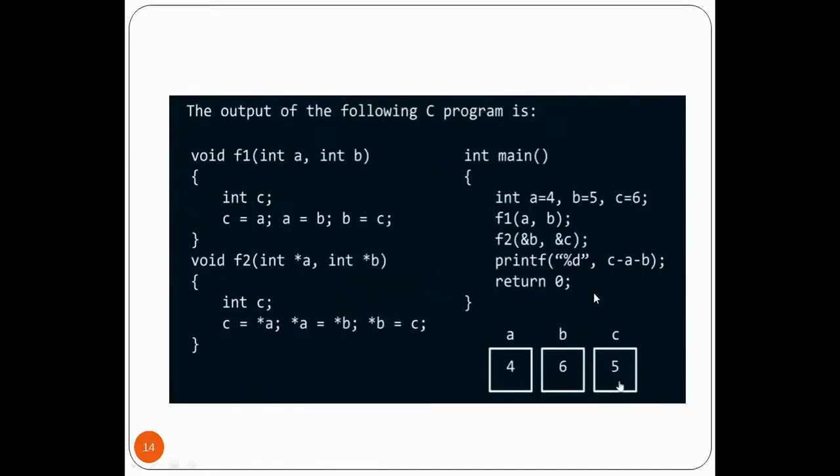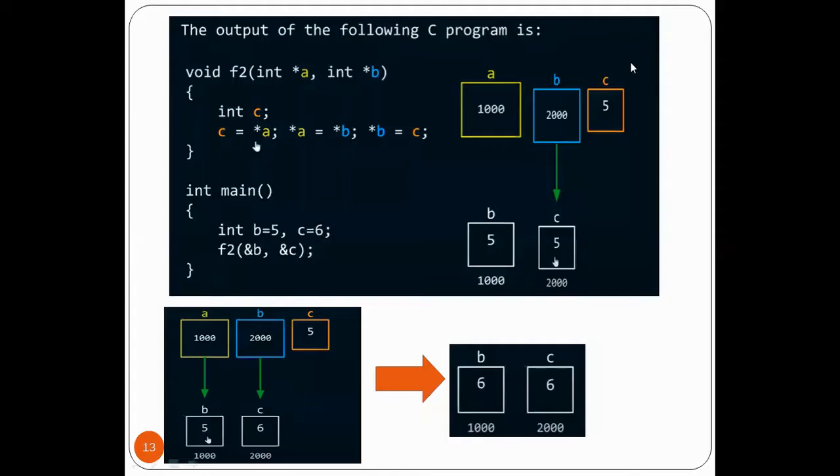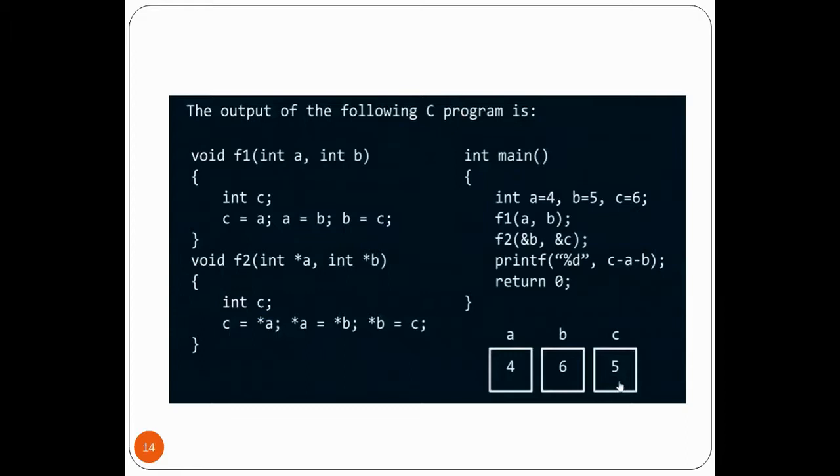Now if you want to execute C minus A minus B, you can see we will get, now we have A is 4.